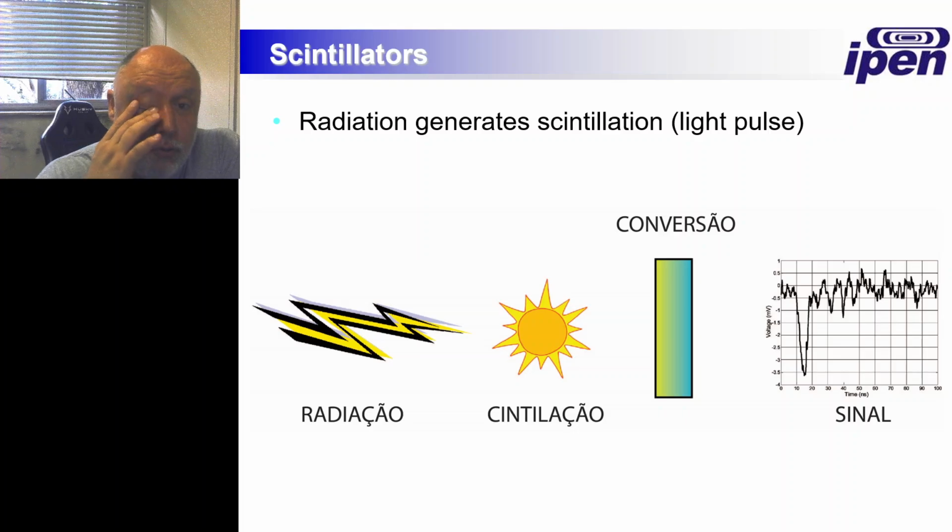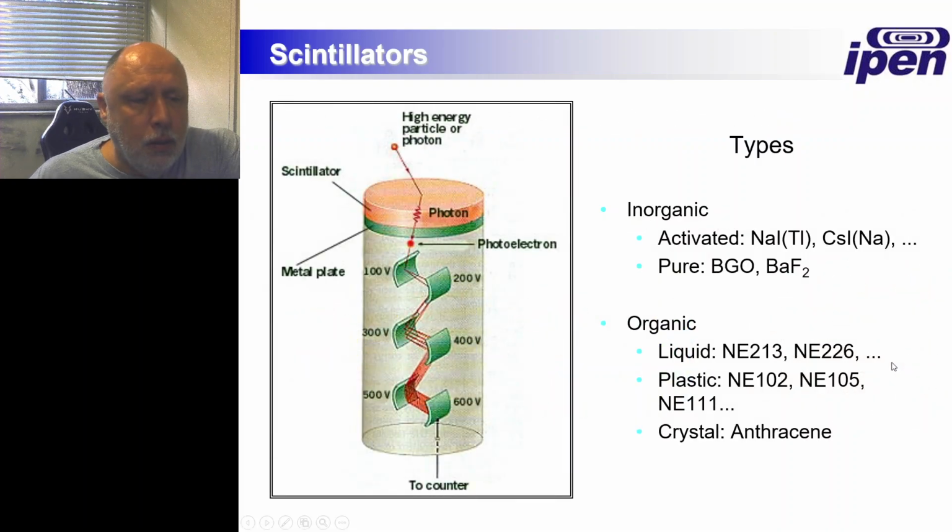There are also scintillators. Scintillators are materials in which radiation somehow causes the emission of light, and then you collect this light and you have a signal. Usually we have a scintillator and then some type of device that will turn this light into an electric pulse. This was the old thing we used, called photomultipliers.